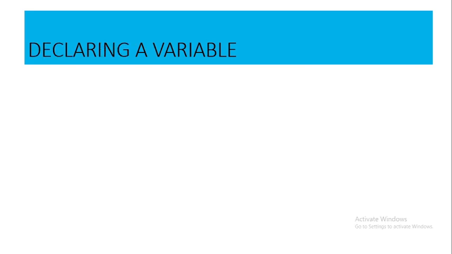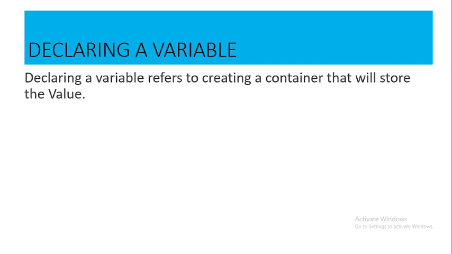So let's look at declaring a variable. Declaring a variable refers to creating a container that will store the value. When we are creating the container that will store the value, this particular action is termed as declaration of a variable. So when you are told to declare a variable, it simply means create a container that will hold or store a particular value.